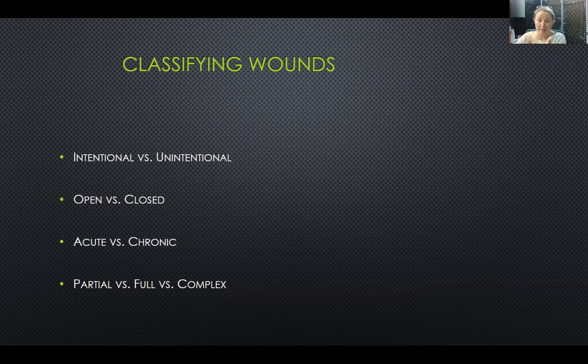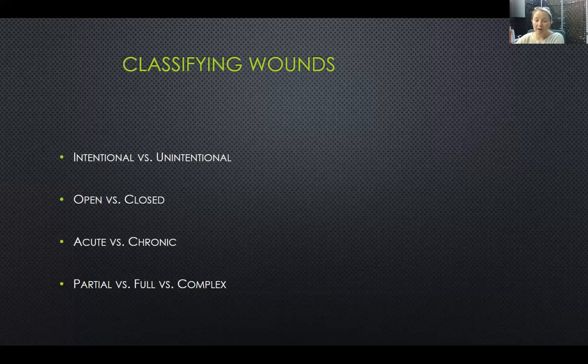Unintentional would be unintentional, right? So accidents, injuries, burns, things that were not intended to happen. So with unintentional versus intentional, typically an unintentional injury is probably going to be in an unclean environment, done not sterilely as you would with a surgical incision or starting your IVs.